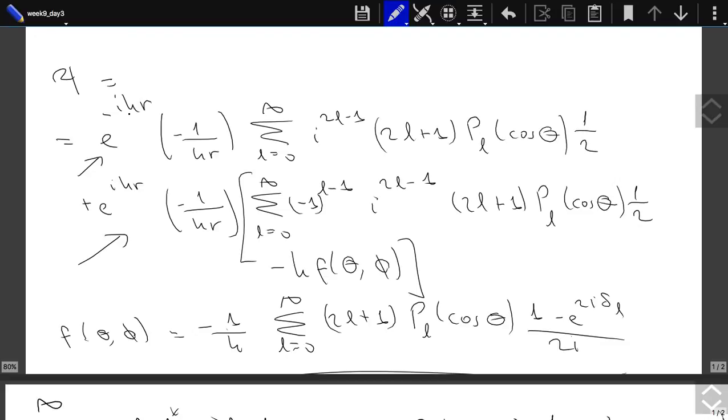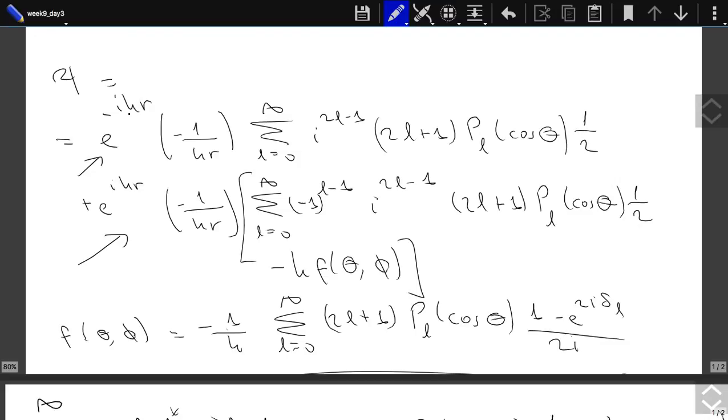Because as long as you have a bounded potential, your solution has to be of this form, and for a given L, your solution has to look like either an ingoing wave or an outgoing wave. There's no other alternative. The radial dependence at far away distance we know, even if we don't know the potential. So the only flexibility we have is that the outgoing wave will acquire an additional phase if there is a potential.